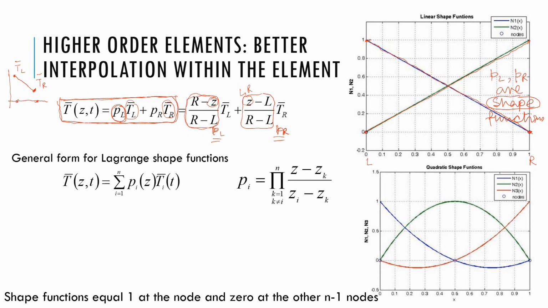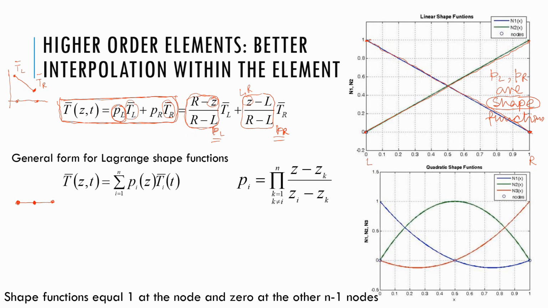Now we want to see what happens for a three-noded element. So this is still one element, but it has three nodes. Following the discussion that we just had in the previous slide, for a three-noded element with this extra point in between, we can do a better job of interpolation.